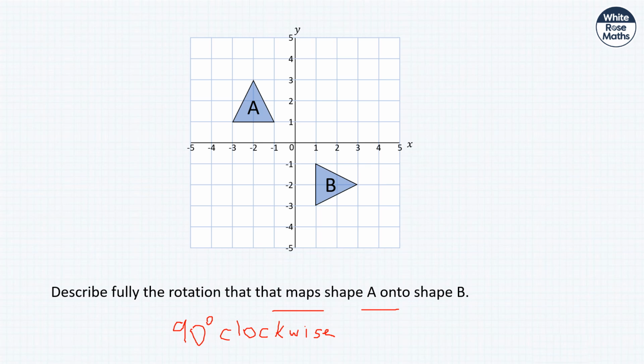About the point, and then we have to join up our vertices to work out the point at which it rotates. So this goes with this, this goes with this, rough sketch, and then this goes with this.